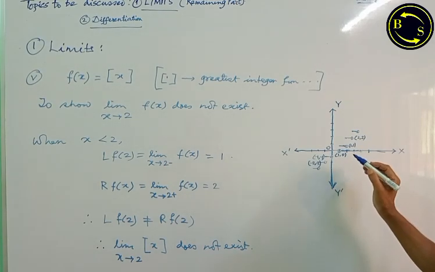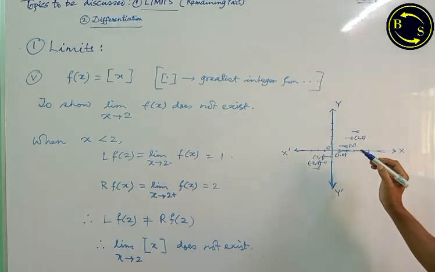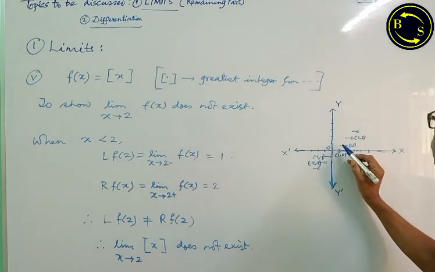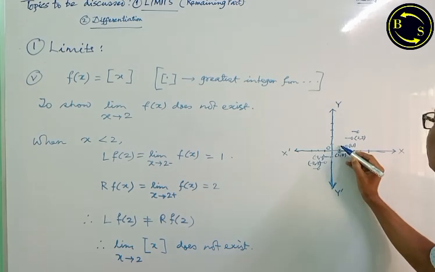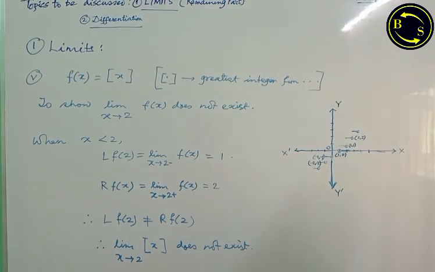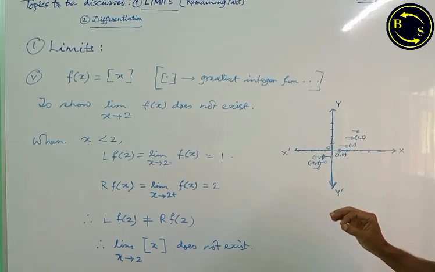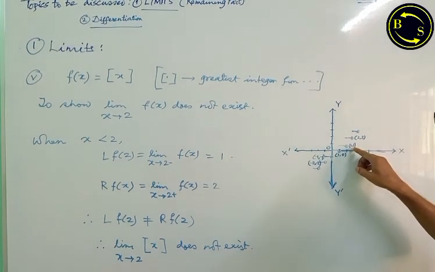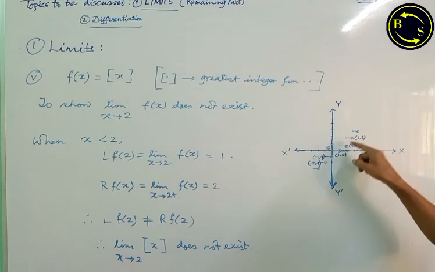When x lies between 1 and 2, including 1, this segment will indicate f(x), excluding 1 point. Similarly, this one.